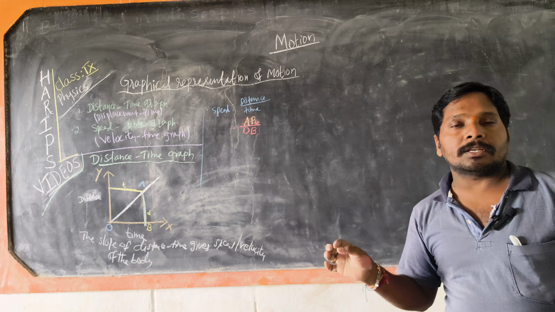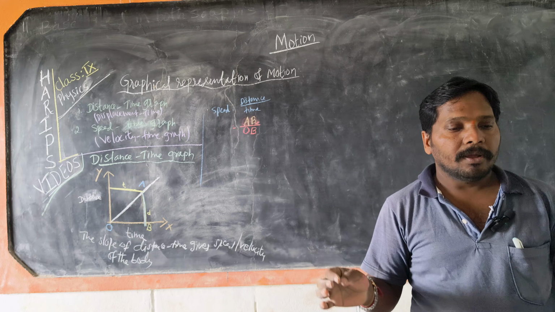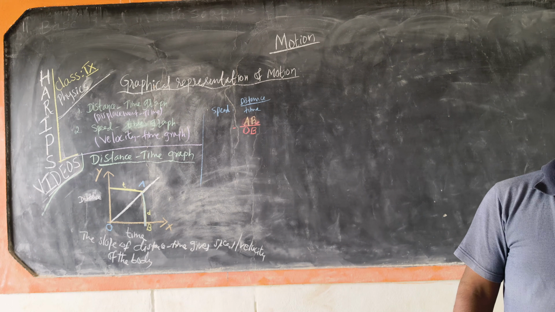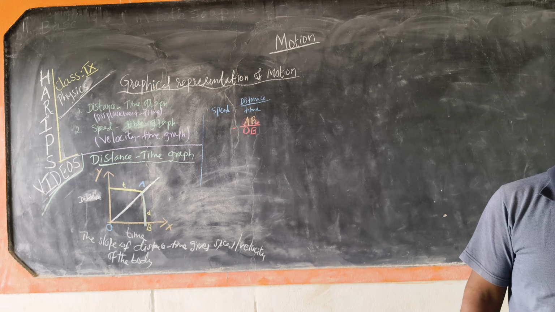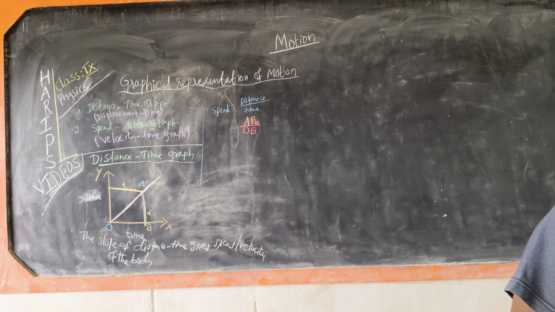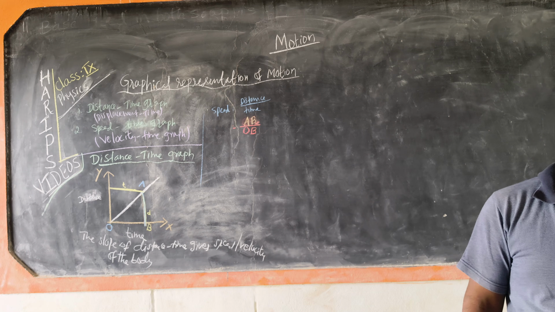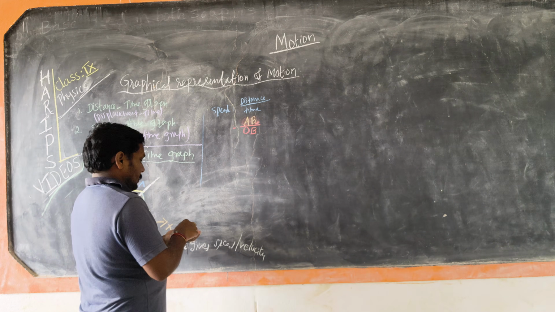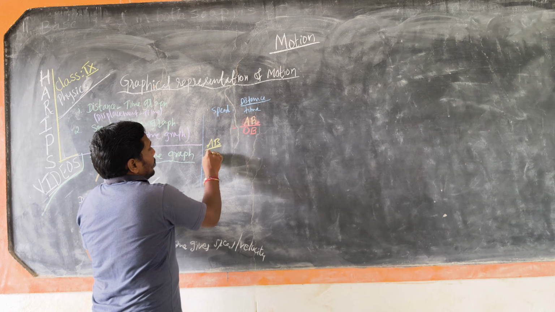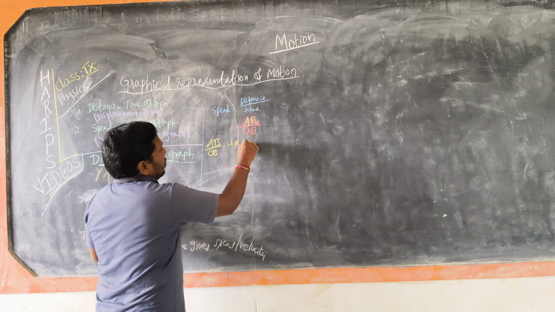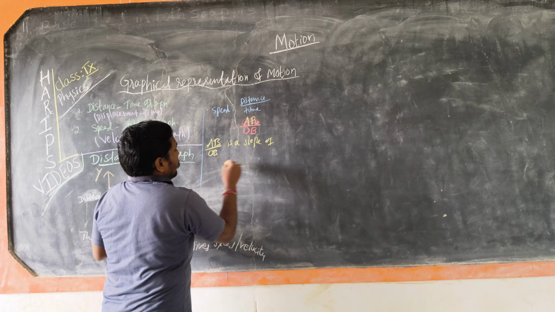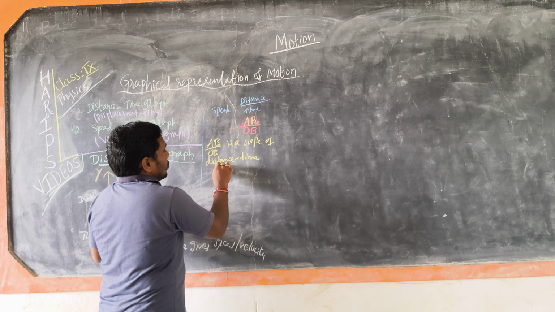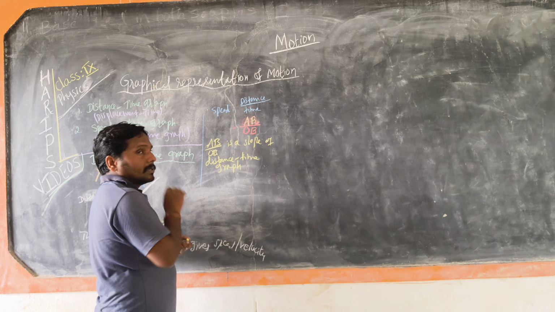So we can use a distance time graph of a body to find the speed of the body.